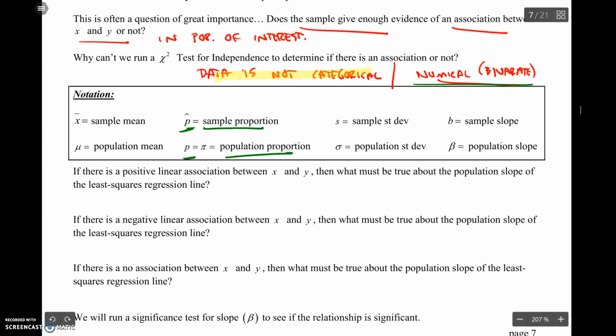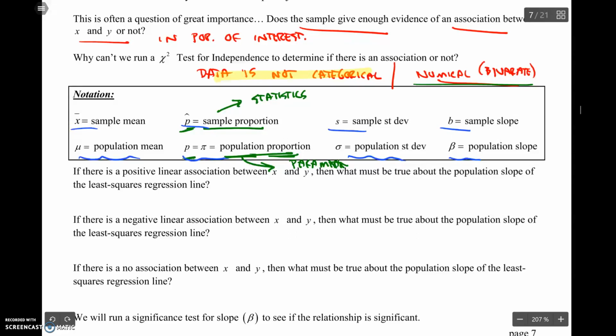I said that incorrectly, I was mixing up my words here, but these are all statistics because these are all sample measures. These are all parameters because they're population measures.